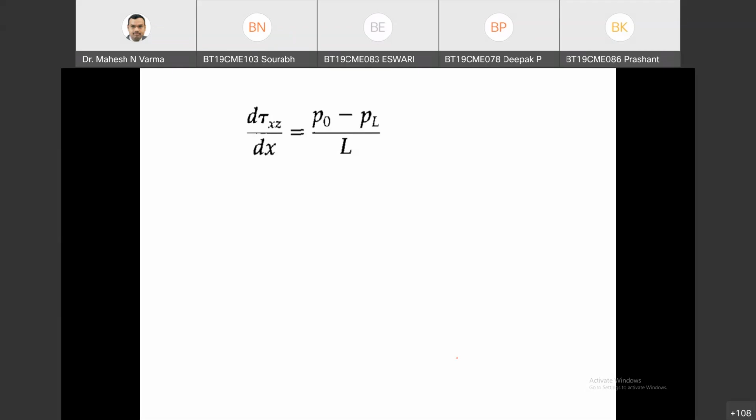Is anybody not getting this equation? Is everybody getting this equation? Okay. Does anybody have any difficulty?